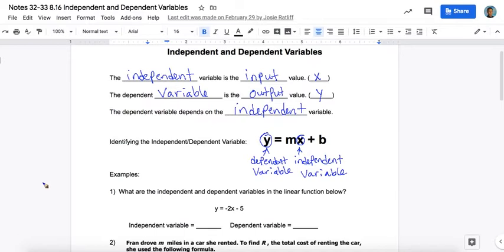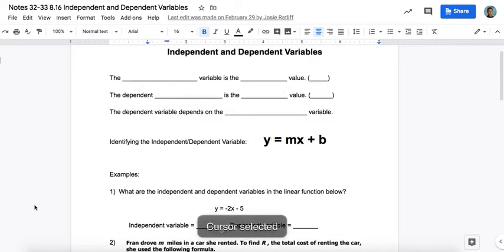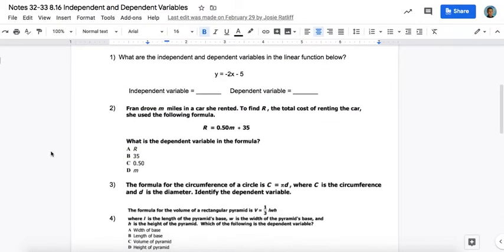Okay, so let's look at some examples. It says, what are the independent and dependent variables in the linear function below? Okay, so let's look here. We have our x value. We have our y value.